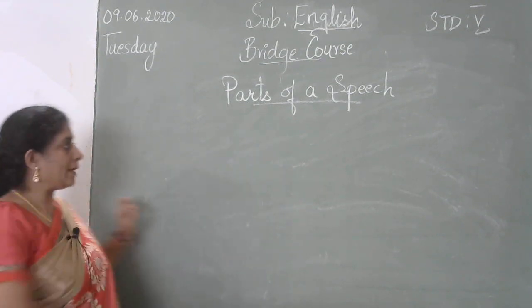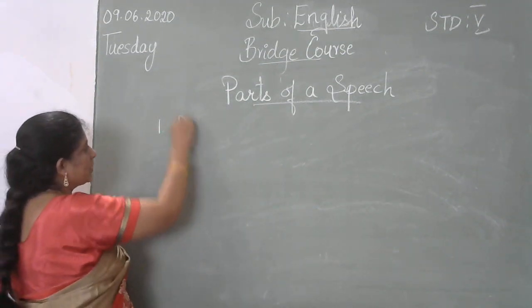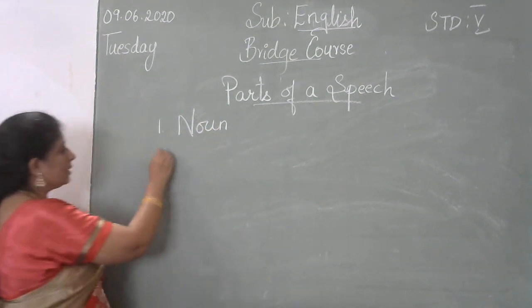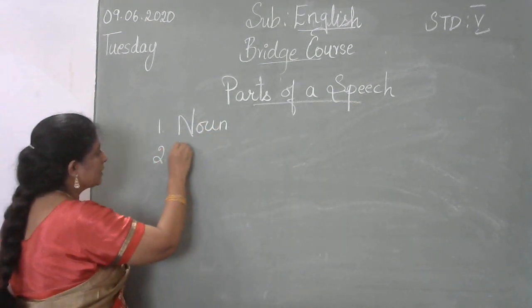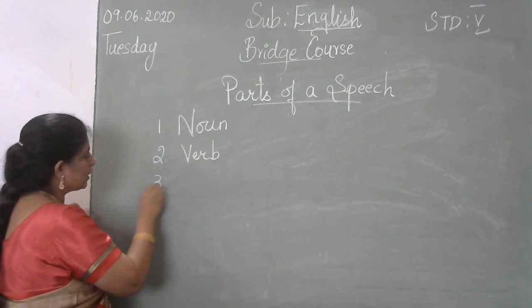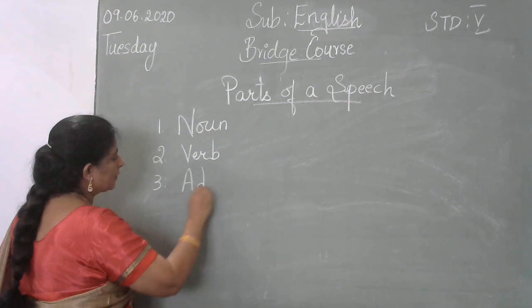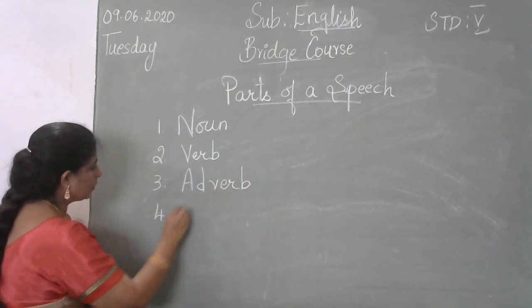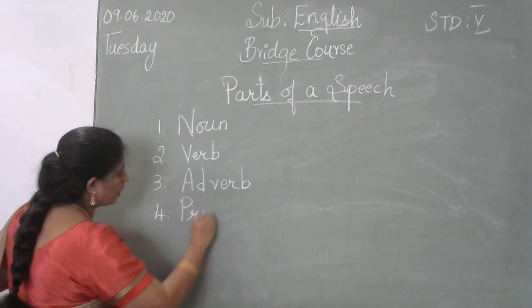For example, in parts of speech, the first one is the noun. The second one is verb. The third one is adverb. The fourth one is pronoun.